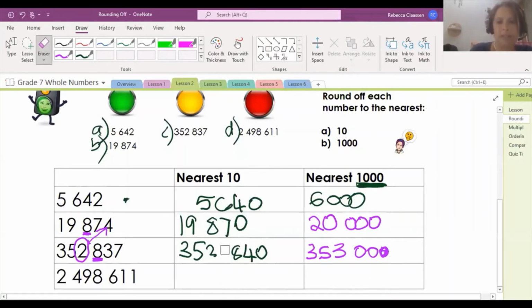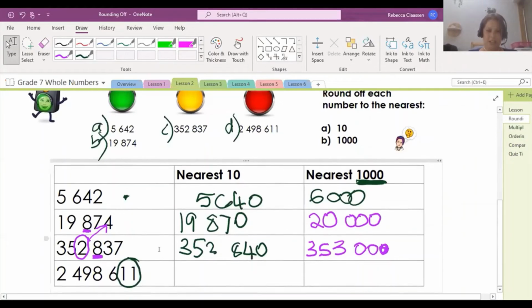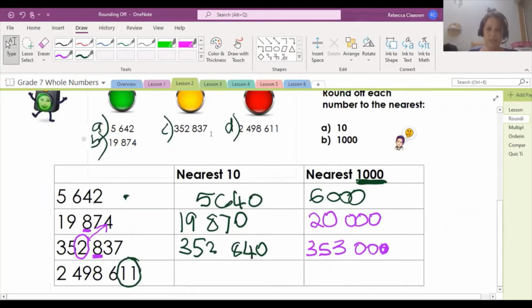Okay. So I'm going to have a look at this one in particular, just because it's the last one we've done. Okay. So when we are rounding off to the nearest 10, we need to look at our tens, right? And here is the tens. Okay. And what we're really trying to find out is, is that 11 closer to 10, or is it closer to the next 10 up, which is 20?